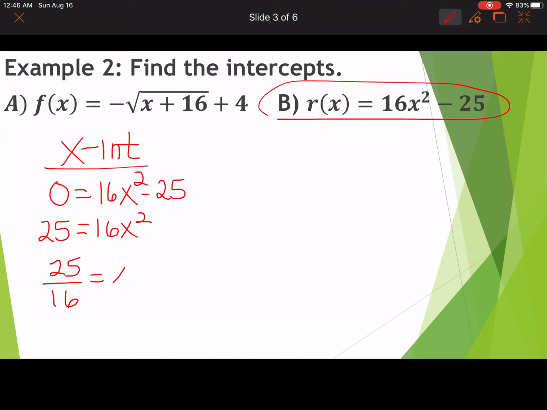Okay, our last question. For the function r of x, let's find our x and y-intercepts. So to find our x-intercept for question B, that means that r of x is 0.